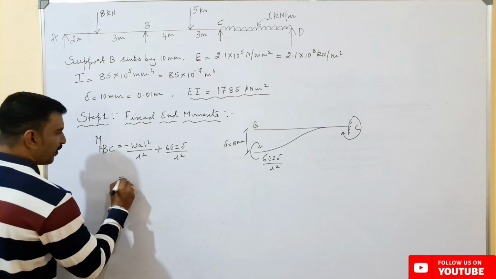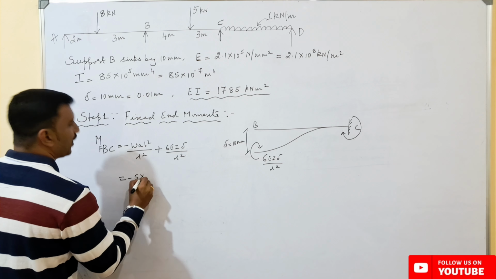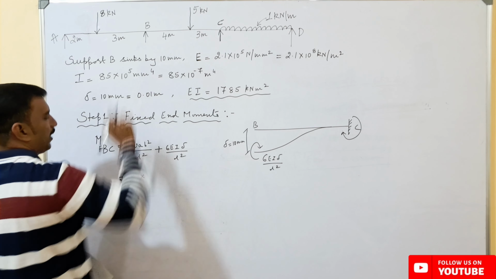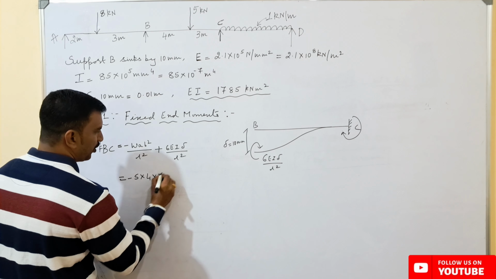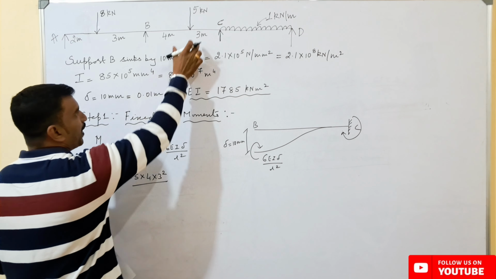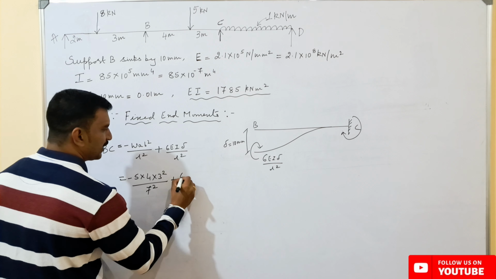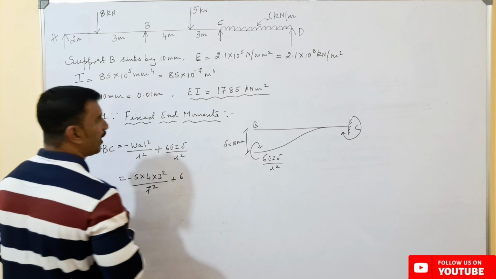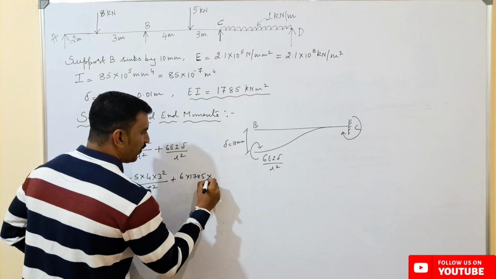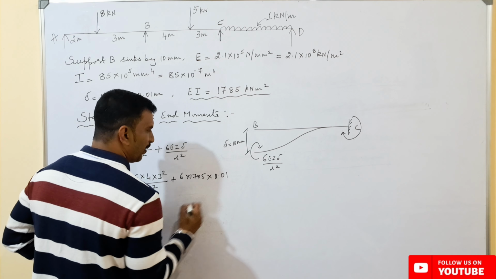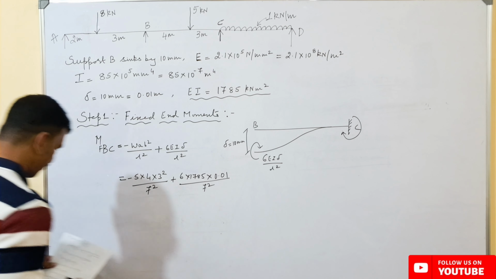Now taking the values, W they have given, which is minus 5. So this is the distance from point B, that is 5 into 3 square upon the total span, here 7 square, plus 6 EI, which we have considered as 1785, into delta, which is 0.01 meters, upon the total span L square.